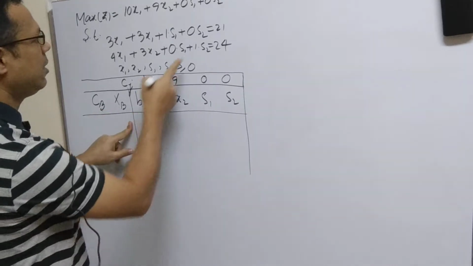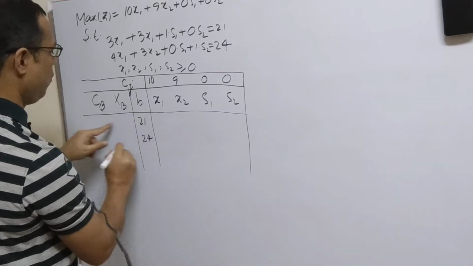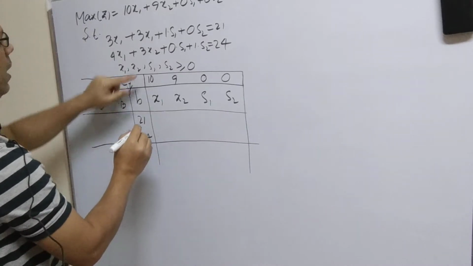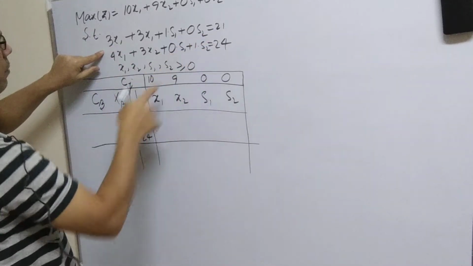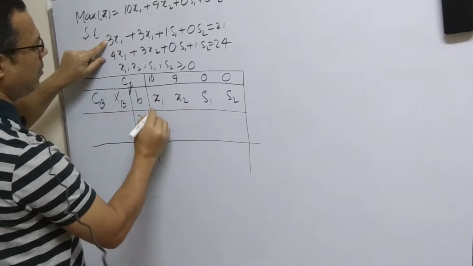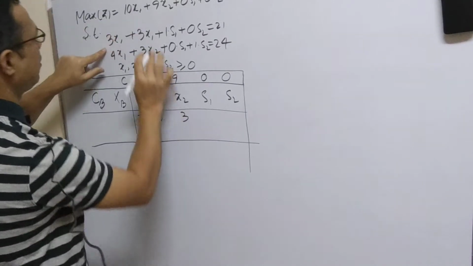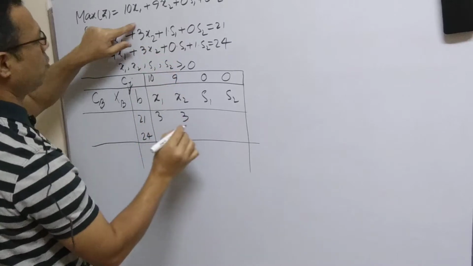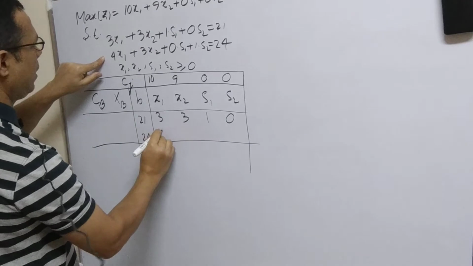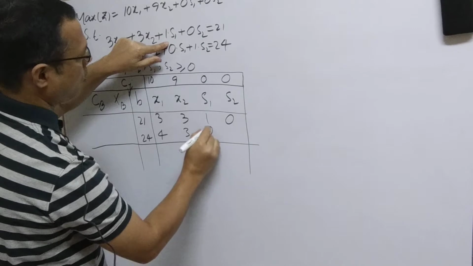First you need to write the b value. The b values are 21 and 24. Just write these b values here. See the coefficients: in the 21 constraint, 3x1, 3x2, 1 s1, 0 s2; same for the second, 4 x1, 3 x2, there is no s1, so 0 s1, and 1 s2.